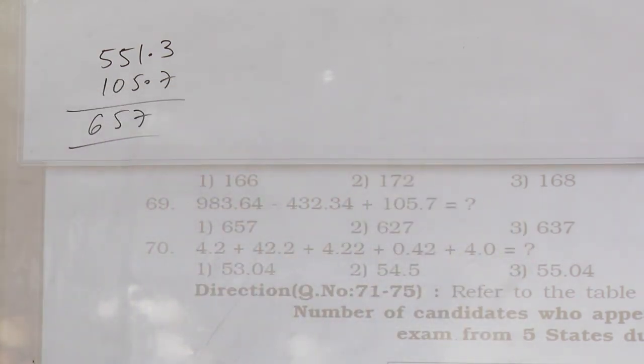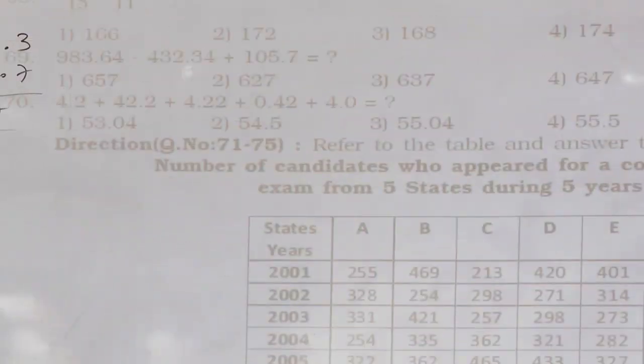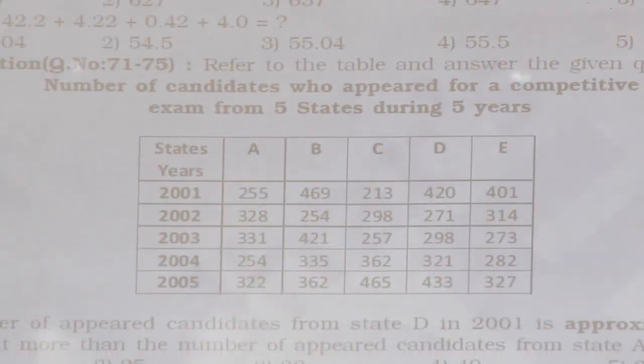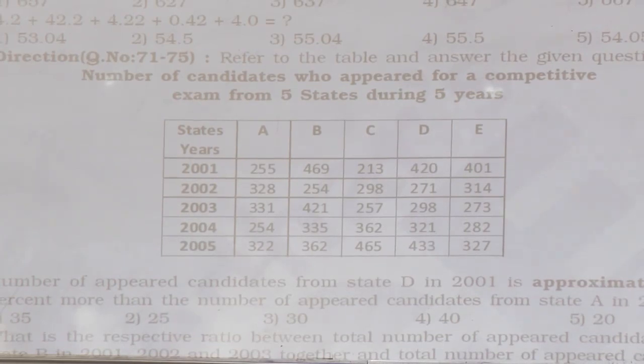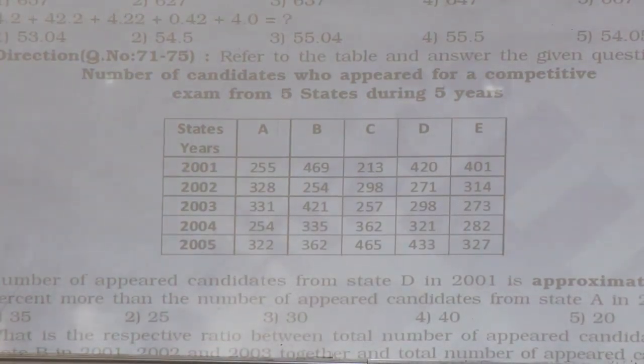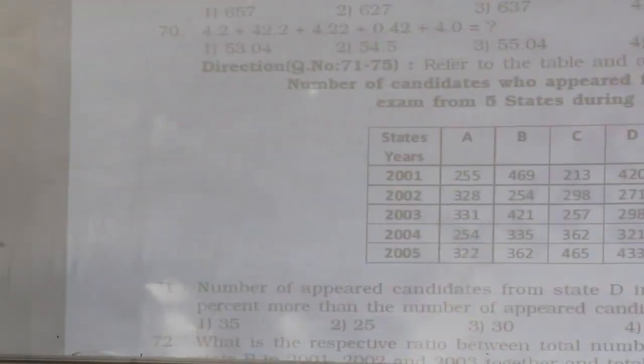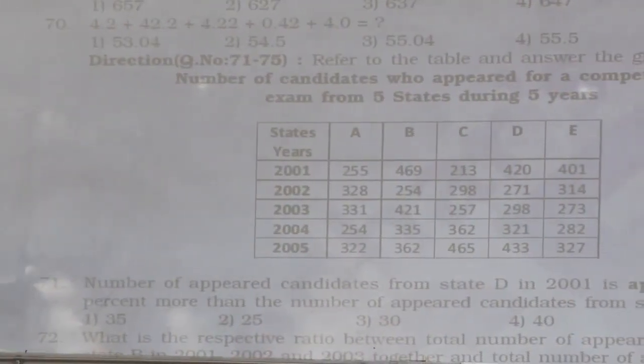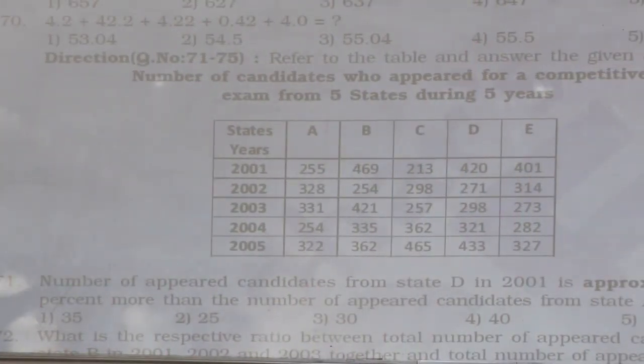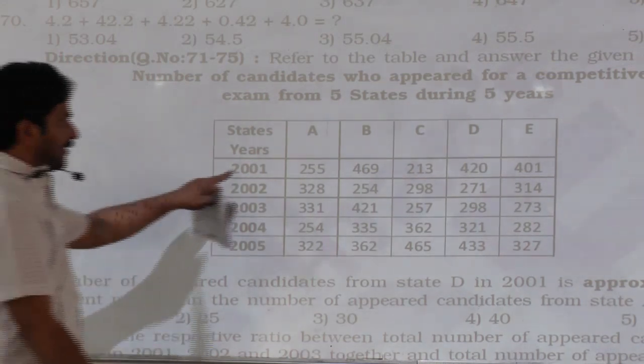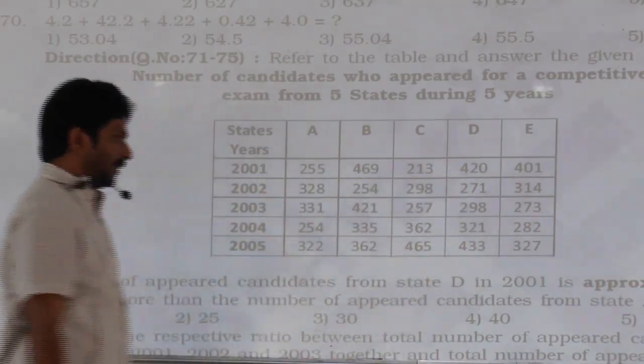Next, questions 71 to 75. The number of appeared candidates from state D in 2001 is approximately what percent more than the number of appeared candidates from state A in 2005? State D in 2001, 420.